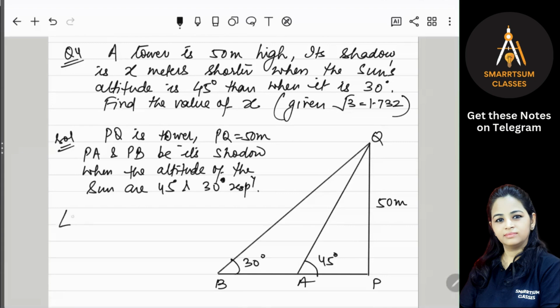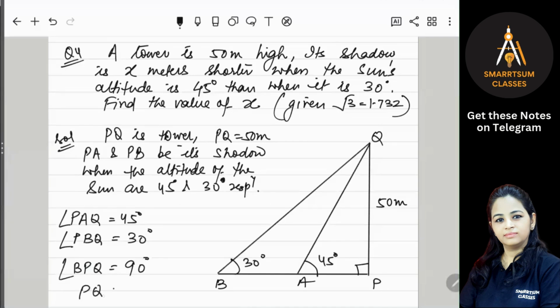So you can say that angle PAQ is 45 degrees, and the angle changes, PBQ is 30 degrees. And angle BPQ is 90 degrees and PQ here is 50 meters.